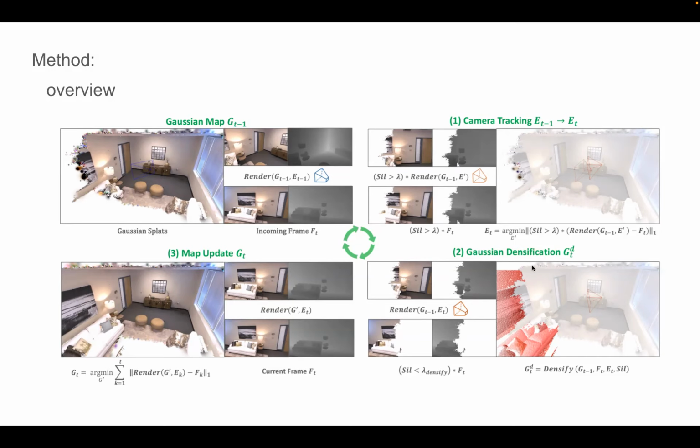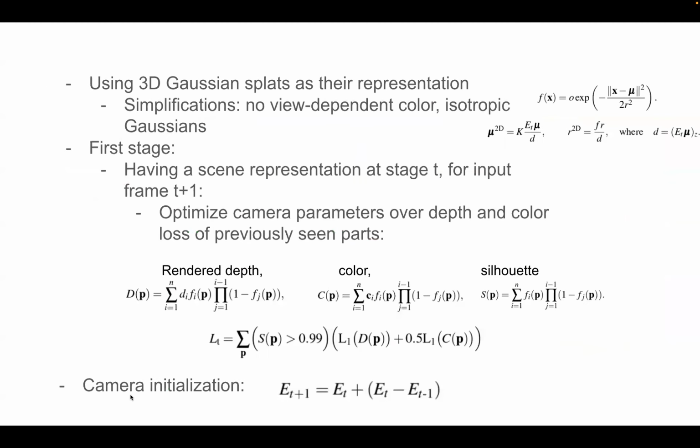After that, they use the depth values of the input RGB-D image to unproject some of the points on the input image to get some new Gaussians. This part is called Gaussian densification. And at the end, they freeze the camera parameters and just optimize the new Gaussians that they have added to match the new image that they have received.